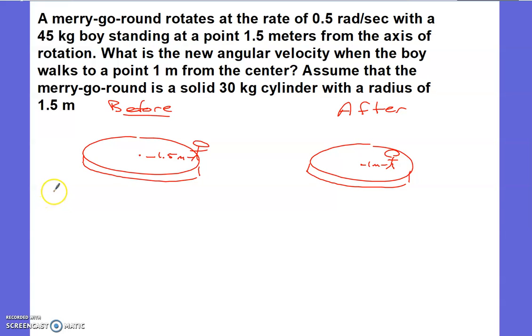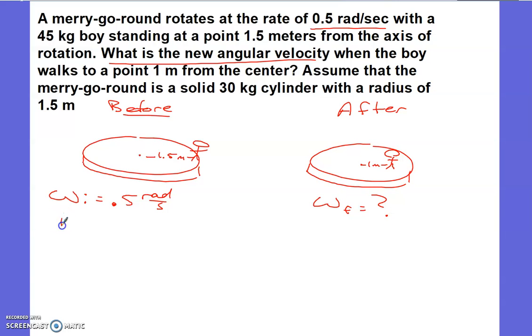Now, the first thing we're going to write down is the initial angular speed. We're given that it's rotating with an initial angular speed of 0.5 radians per second. We want to find the new angular velocity, the new angular speed, after he's walked to a point 1 meter away.